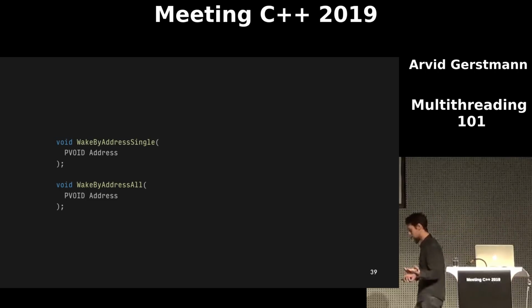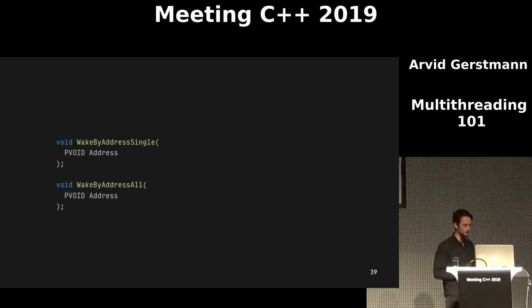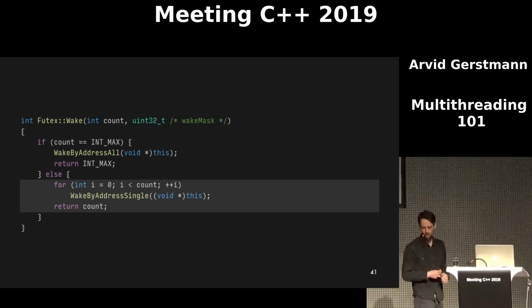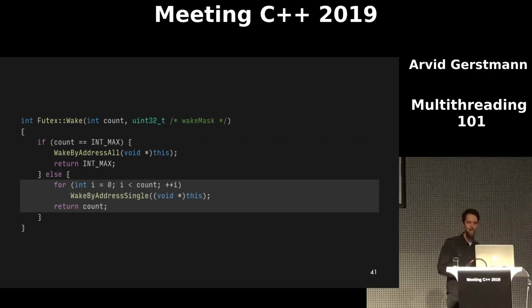This is problematic because the futex actually has a way to wake up an arbitrary number of threads. We can emulate that, no problem, but generally you always wake up one thread or all threads. It's actually not much of an issue. We're still going to emulate it by checking whether our count is int max, then we will wake up all of them, or if our count is not int max, we will wake up threads one by one.